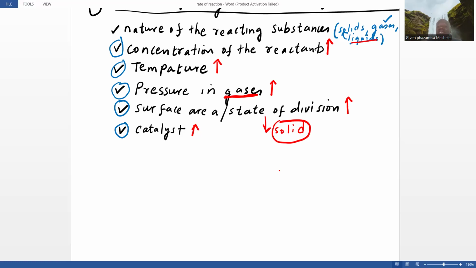Surface area increases when you take something that is in a solid form and convert it to a powder form. Changing a substance from solid to powder, you have already increased the surface area.